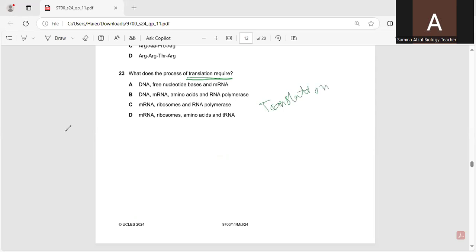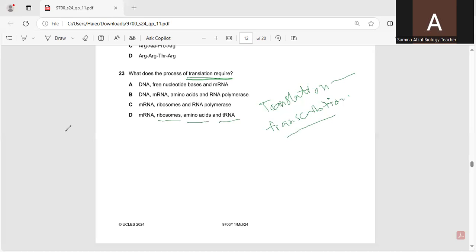And the second is transcription. In the first, transcription, the formation of messenger RNA takes place, and in the second, there is translation, when messenger RNA is at the ribosomes and amino acids are required, and transfer RNA should also be there.